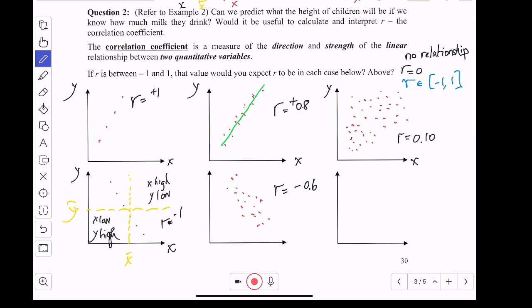Finally, we could have a relationship like this. It shows a pattern, but it's not a line. And a line could be used, but it wouldn't be the greatest at making predictions in some ranges. So if I used a line over here, I couldn't use a line over here.